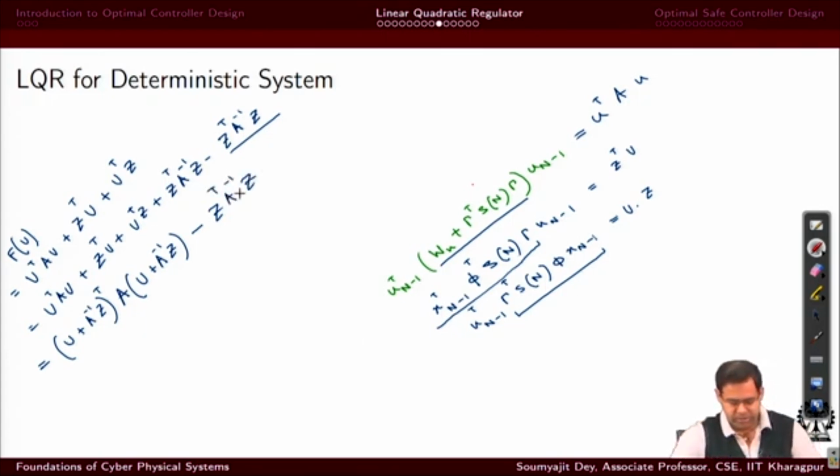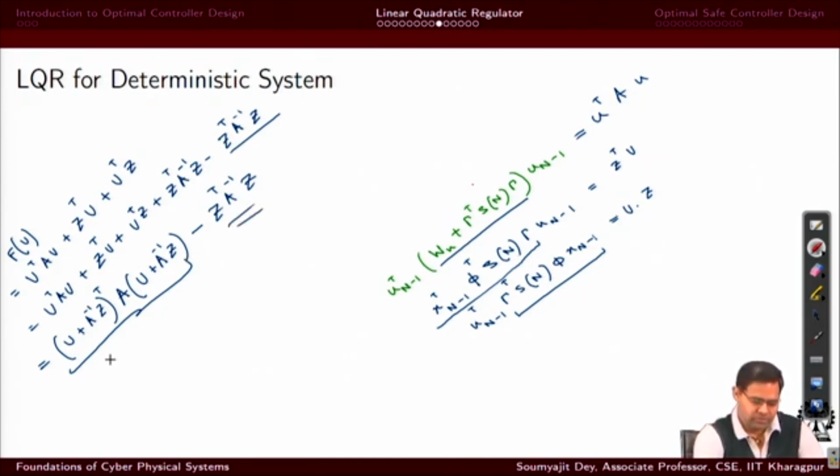So that's what I see, right? Now since this is a quadratic term, this is non-negative, right? So that only means that this function f u can be minimal with a value which is equal to this.